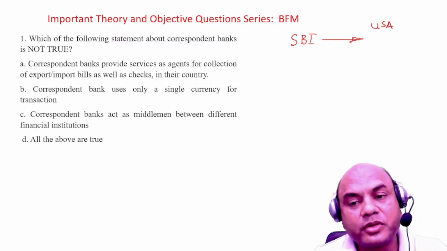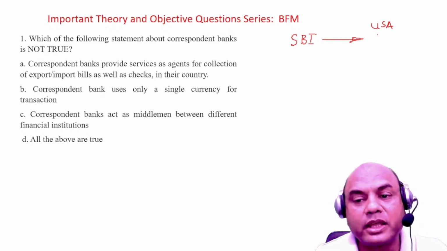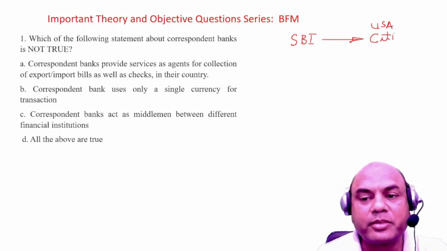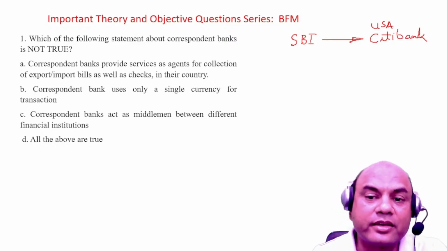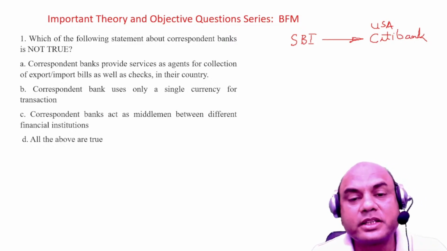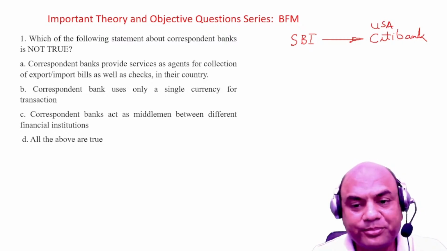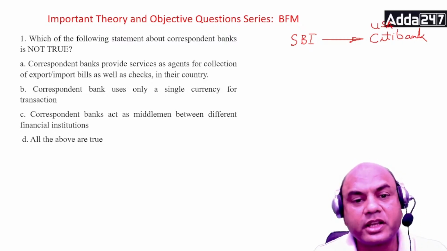So what will it do? It will appoint some bank over there, Citibank, for example, as its agent. This bank, when it acts as an agent, is called correspondent banking. So now we got it.